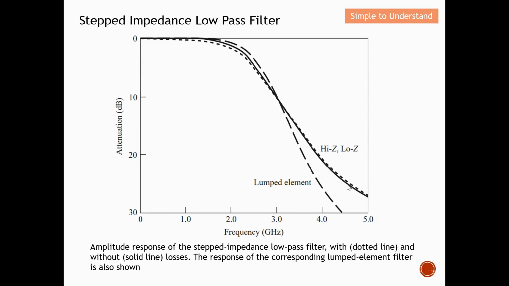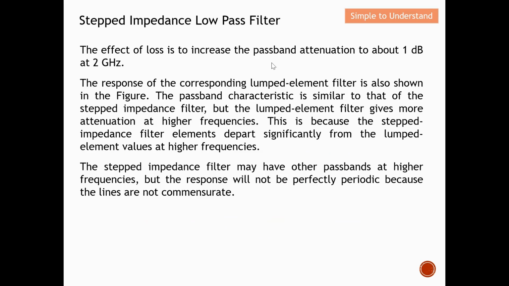You can see that at 2 GHz, we achieve at least 1 dB. So this is what it means here. The effect of loss is to increase the passband attenuation to about 1 dB at 2 GHz, so as to ensure that we have a reasonable cutoff frequency.